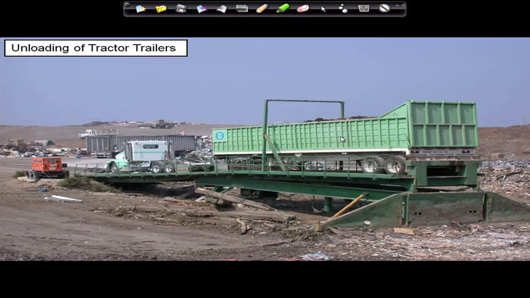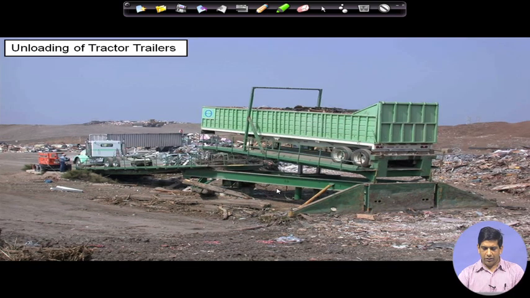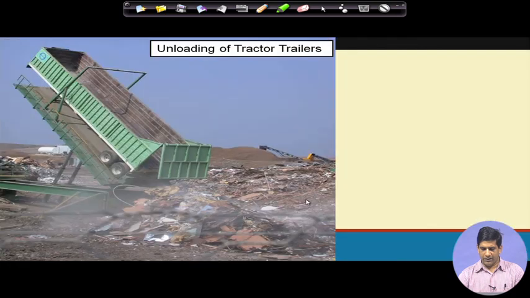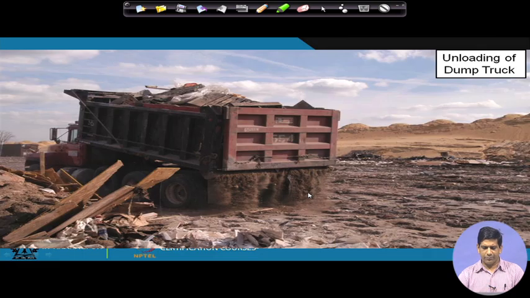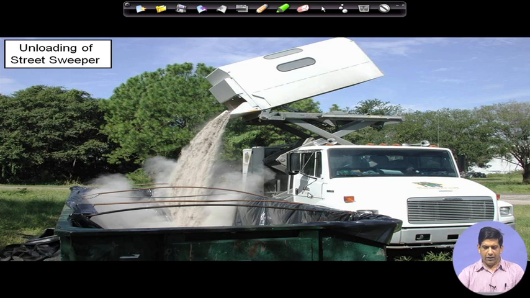Then some unloading of the tractor trailer. As you can see, the tractor trailer came in, now it's lifted up, the back is opened up, and the garbage is coming out. There are some pictures again, unloading of the dump truck, similar stuff. This is street sweeping: the street sweeper going around will unload into this roll-up box, and this roll-up box, as you can see, is lined.